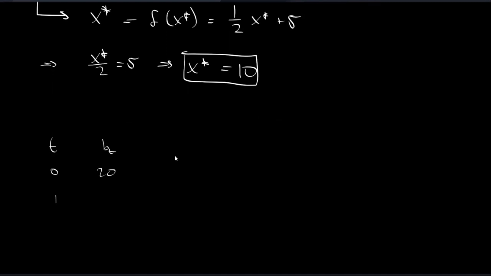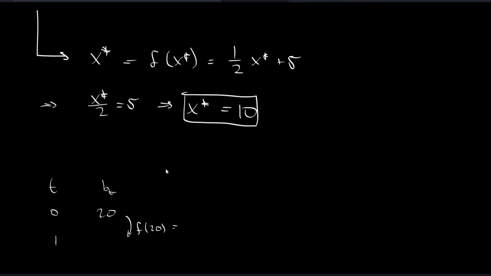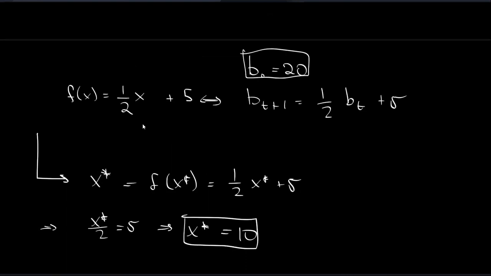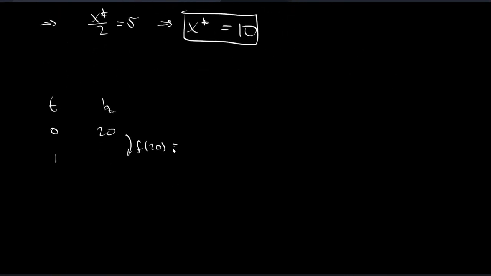And what happens when we increment t? Well, we put 20 into our updating function. We take f of 20, because if we put b naught into our updating function, that's going to give us b1. So we get half of 20 plus 5, which is 15. That should not be controversial.